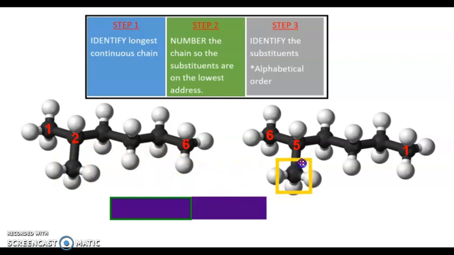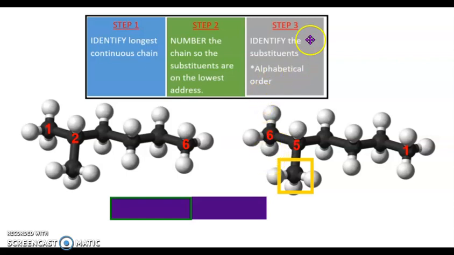It isn't a case of you have to number from left to right or right to left. If I'd numbered from right to left and made that carbon 1, then my branch would be on 1, 2, 3, 4, 5, and I want to have my branch on the lowest address.